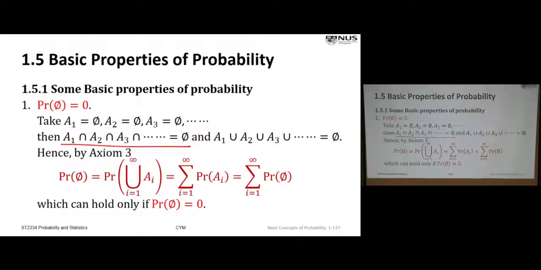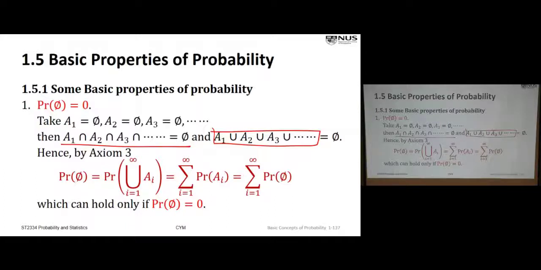And then the union of all these is again the empty set. You have an empty set, another empty set, a third empty set. You union all this, you still have nothing. If you have no money, your friend has no money, together also no money, right? So it's the empty set.